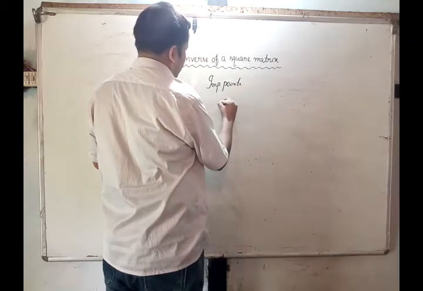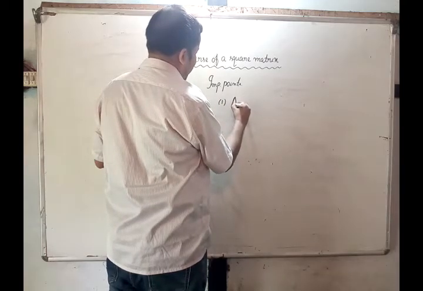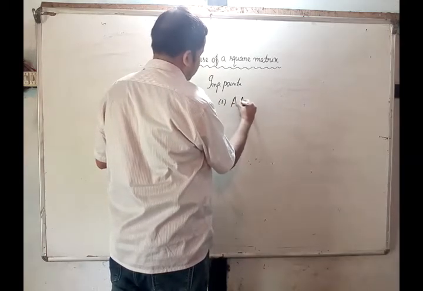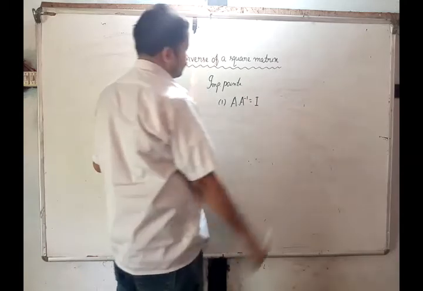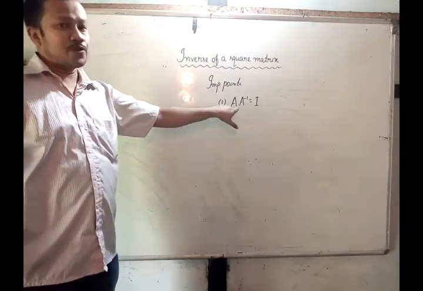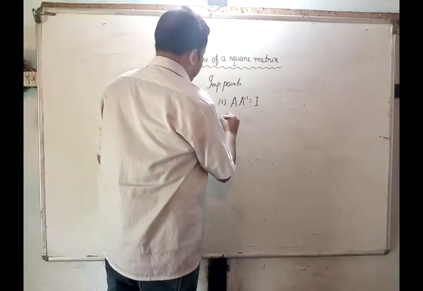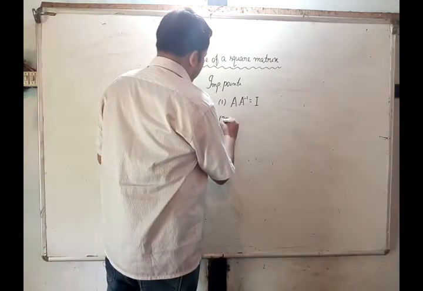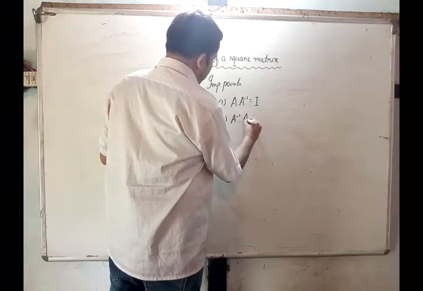Number 1: A into A inverse equals the matrix I. For a square matrix whose inverse exists, A into A inverse equals I. Secondly, A inverse into A is also equal to I.